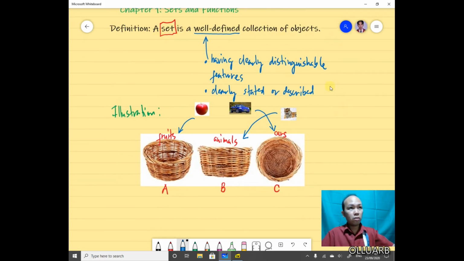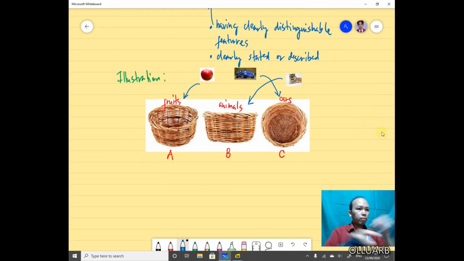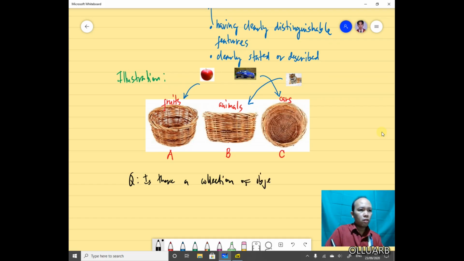So let's go back to my question before. Is there a collection of objects which is not well defined? So the question here is, is there a collection of objects which is not well defined?